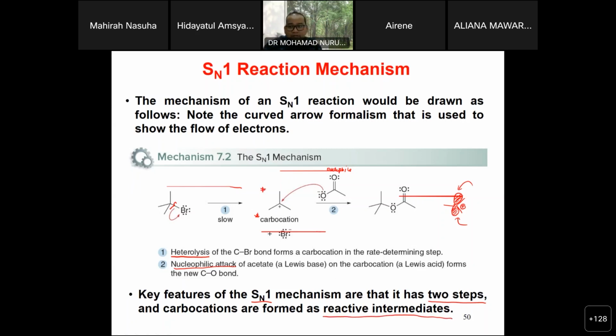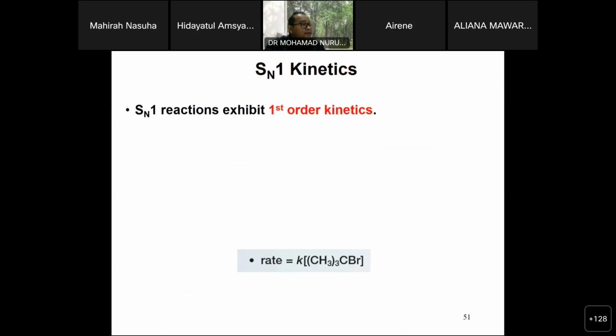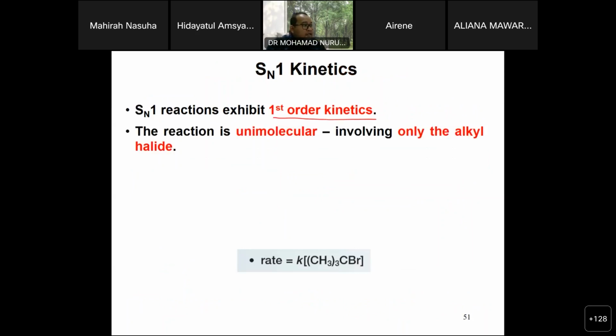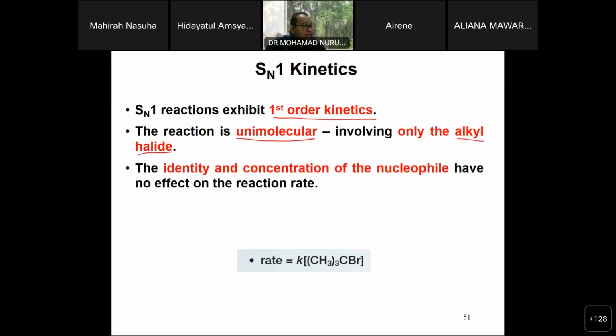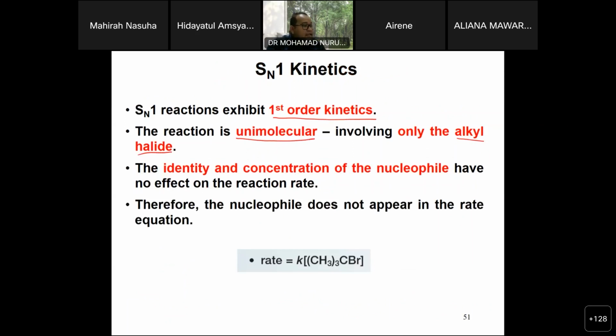It's very reactive, so it's better not to use any water or base because it can be involved in reactions. SN1 is a first order kinetic reaction, and it's also unimolecular because it involves only the alkyl halide concentration. If you have a highlighter, you can highlight here. The identity and concentration of the nucleophile have no effect on the reaction rate, and the nucleophile doesn't appear in the equation.